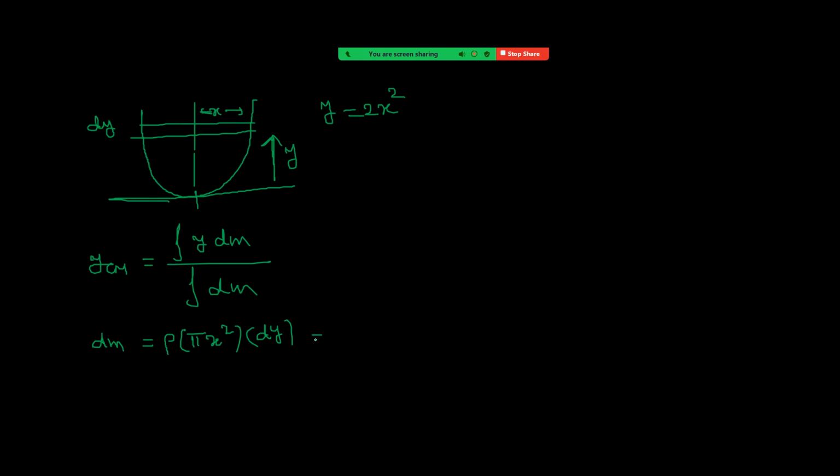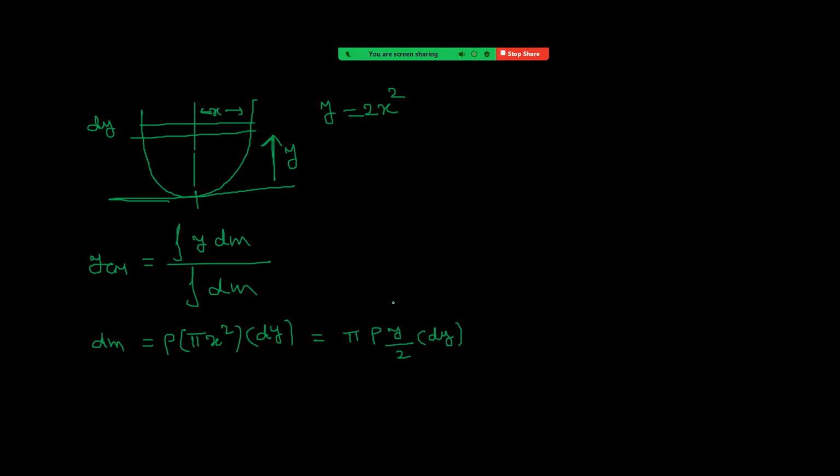So here we can do one thing. In the place of x square, we can write y by 2. So pi constant, rho constant, in the place of x square, y by 2 into dy, right? That is dm. So while taking dm, pi gets cancelled, rho gets cancelled, 2 also gets cancelled.